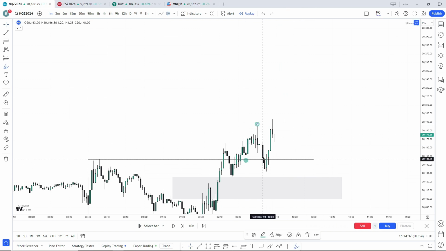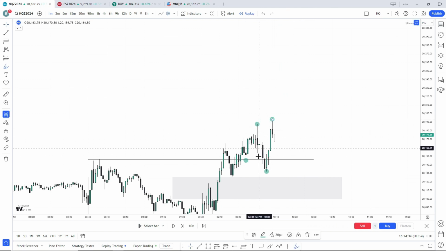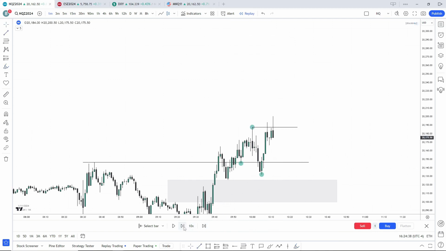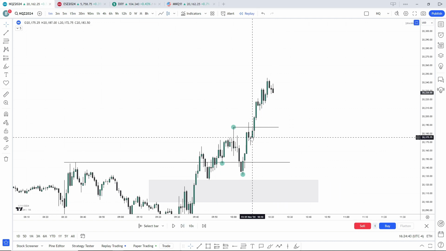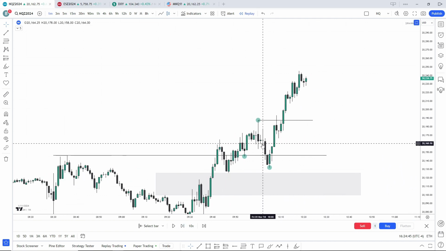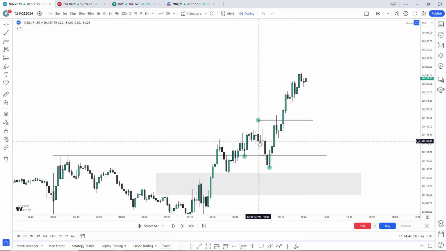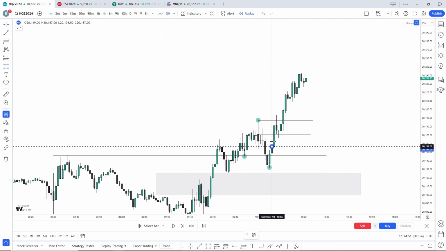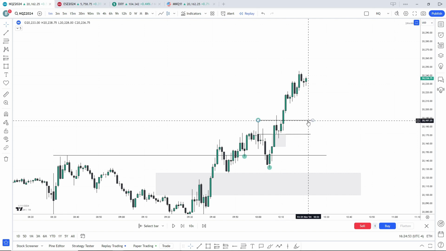Swing low, swing high, lower swing low, higher high, wait for closure. And you can enter. You could also enter a little bit earlier because we also have a 10 a.m. opening price flip, a true change in the state of delivery.